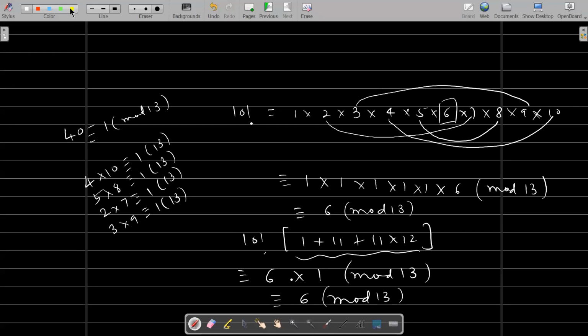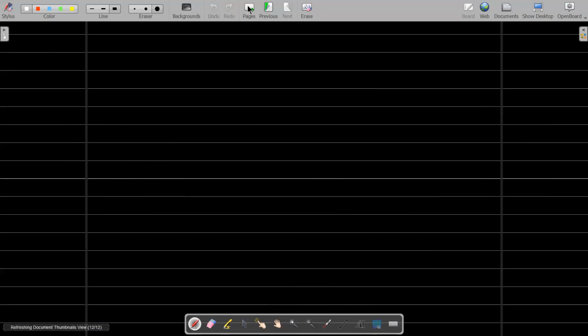So when they say factorial, you don't actually have to multiply everything out, because all we want is the mod, right? 1 mod 13 is 1. You multiply by 2, you get 2.